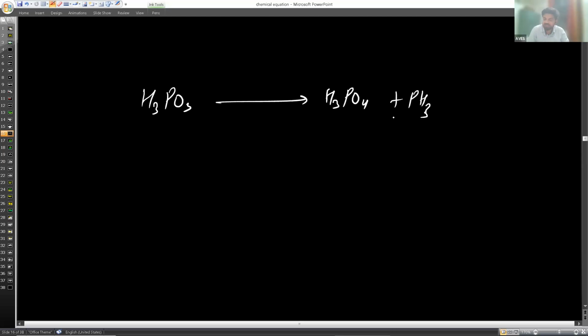Which element are you going to balance first? Oxygen. So how many oxygen atoms are there? Four. Four oxygen atoms here, and here the oxygen atom is 3. By what number should you multiply these two numbers so that they become equal?